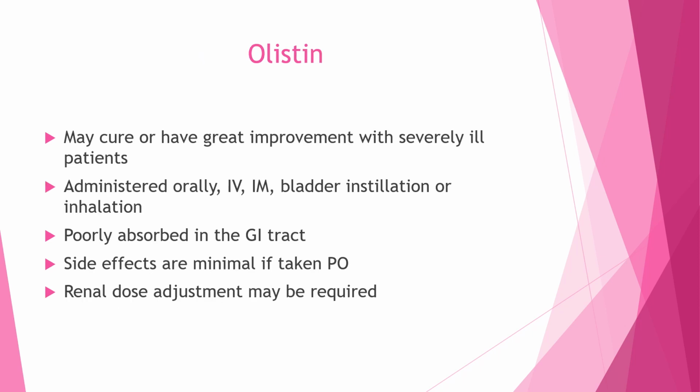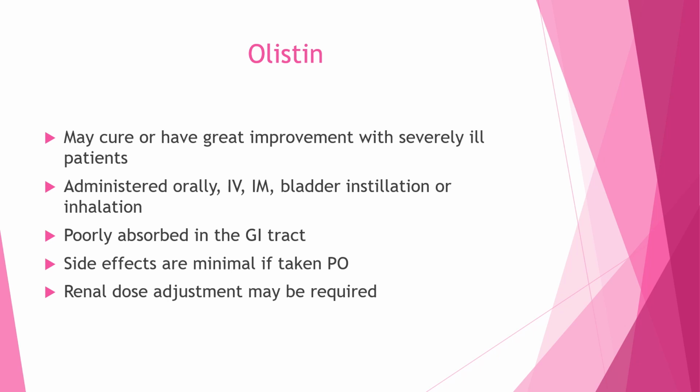Colistin. Colistin may cure or it may bring great improvement in severely ill patients. It can be given orally, IV, or IM. We can instill it into the bladder or it can be inhaled. It is poorly absorbed in the GI tract, so the side effects are minimal if it is taken PO.